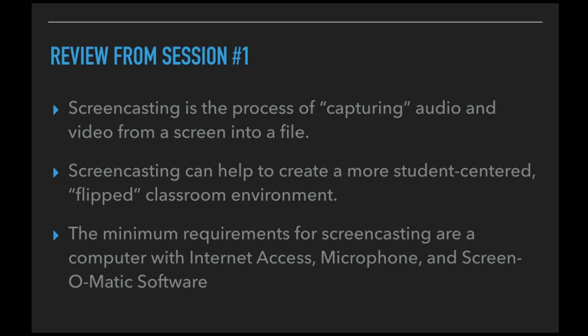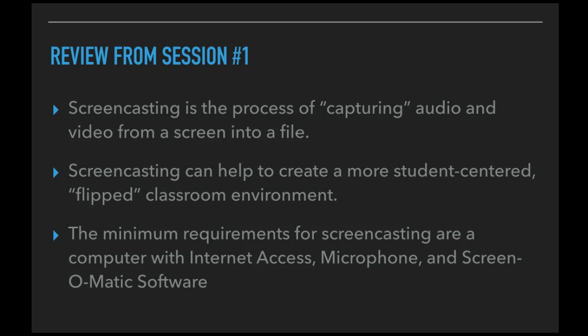We talked a little bit about Screencast-O-Matic, the software we're going to be using for this professional development, and looked at what we really need to start screencasting. There are just a few minimum requirements, and you're probably already using them right now to view this video. You need a device, and I would say a computer, since if you're just getting started it's probably the easiest to use, with internet access.